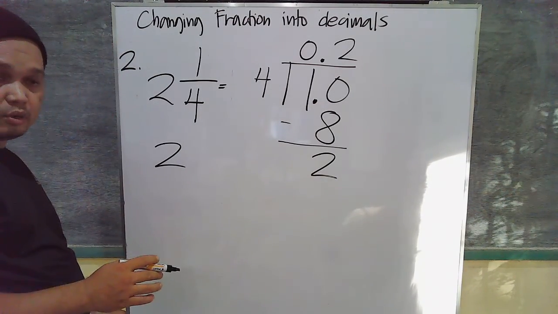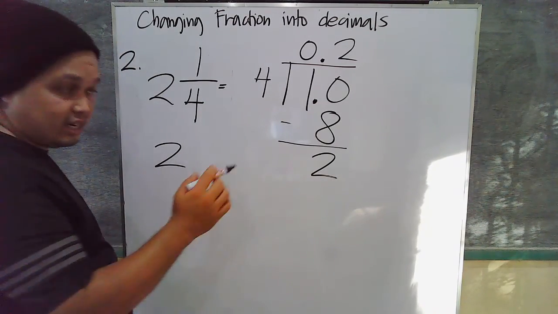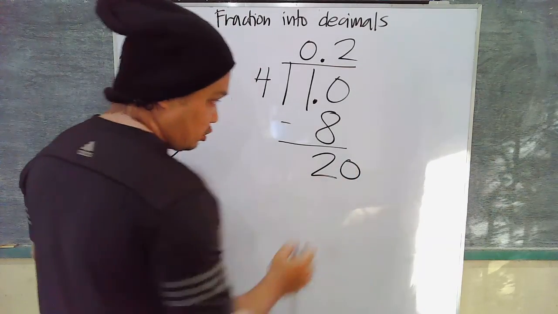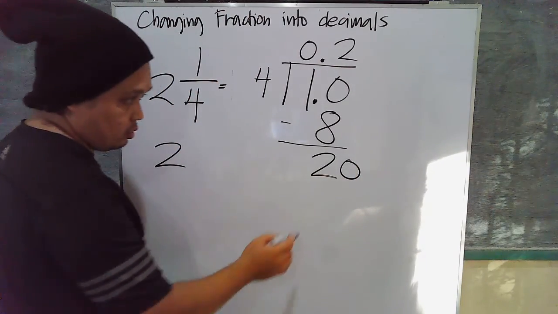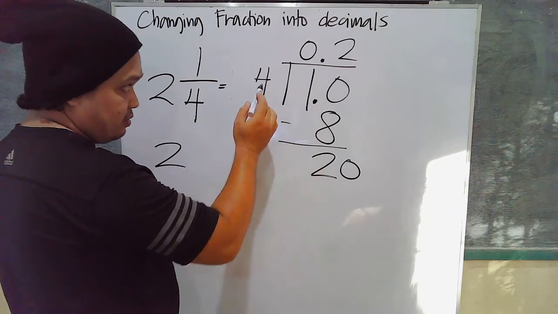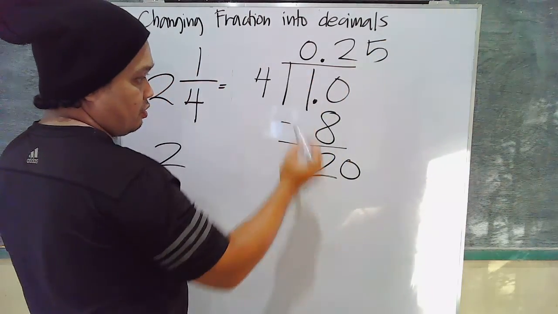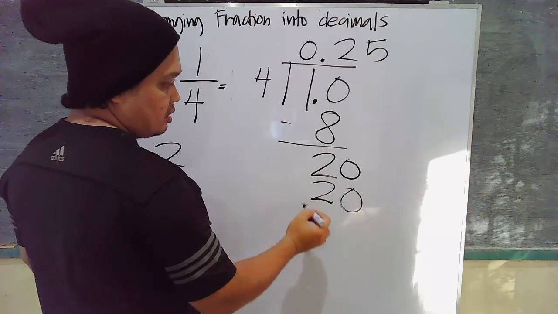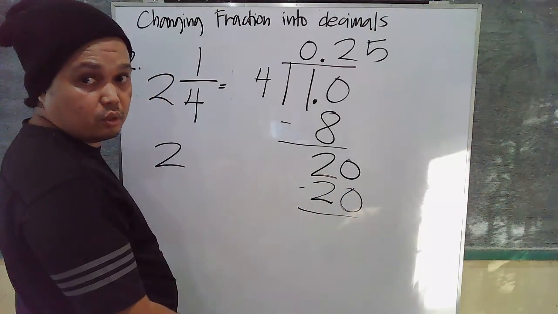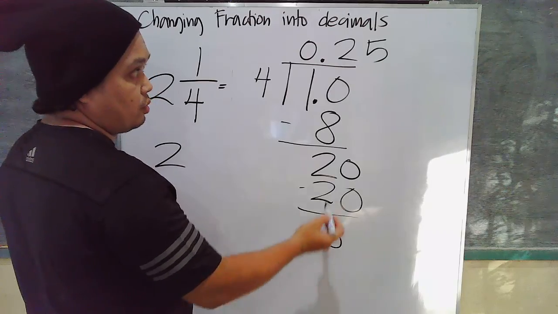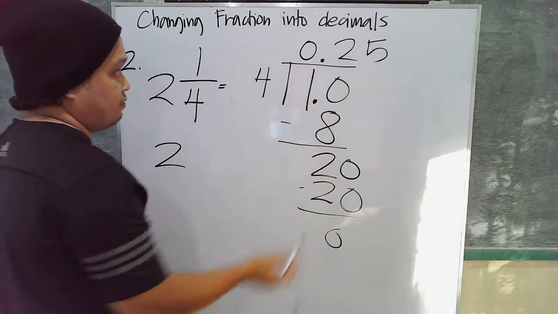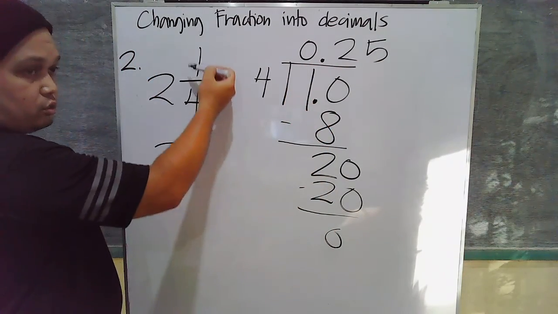You cannot divide because 2 is less than 4. Now we're gonna borrow again 0. So we have 20. Now 20 divided by 4 is 5. Now 5 times 4 is 20. And subtract 20 minus 20 is 0. So we have 0.25 for our fraction, which is 1/4.